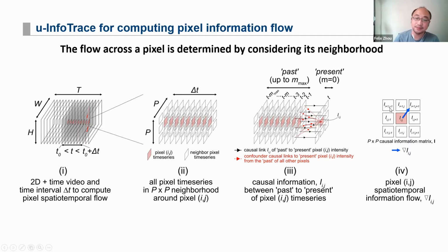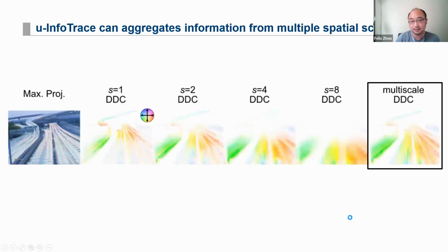When you do that, you can compute causality for each of these neighboring window patches, and the flow is established when you effectively take the gradient of this. So you effectively find what is the information across a pixel. Sorry, I went a bit fast, but effectively this allows you to take the entire duration of video to find a more consistent measure of the causality in the video.